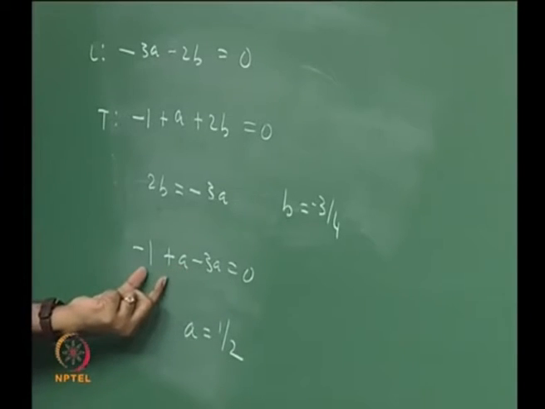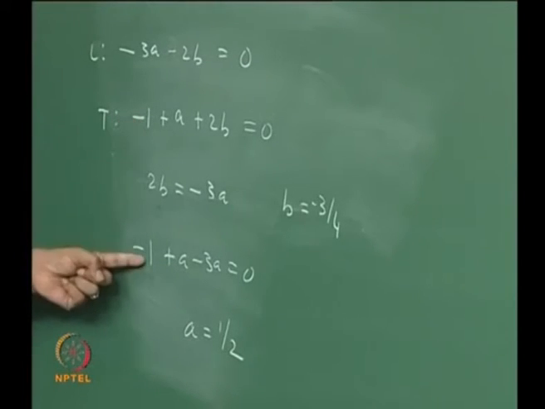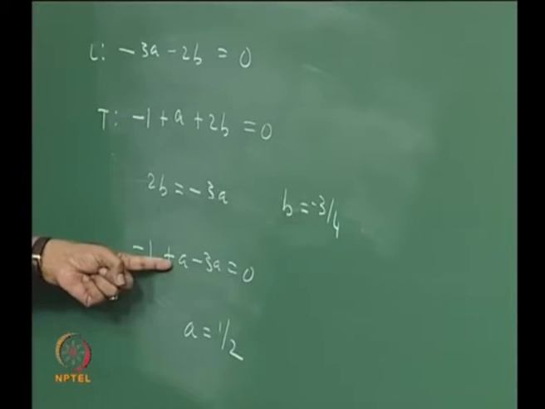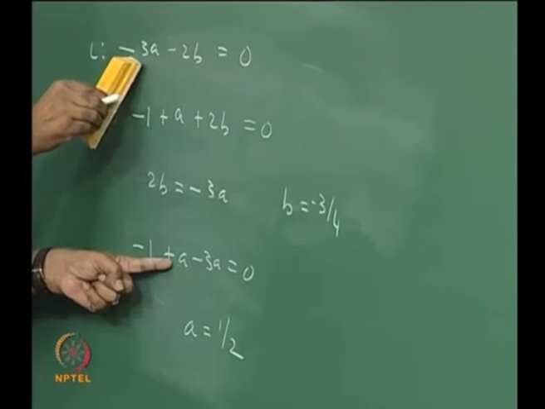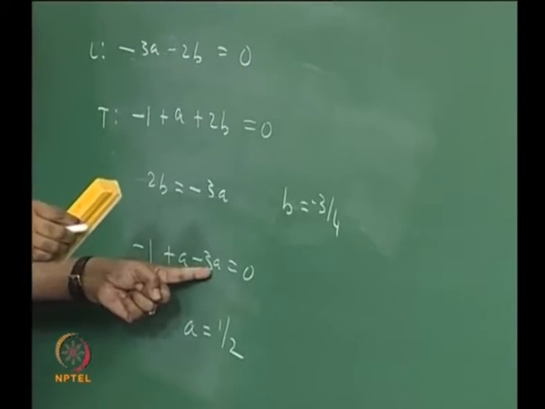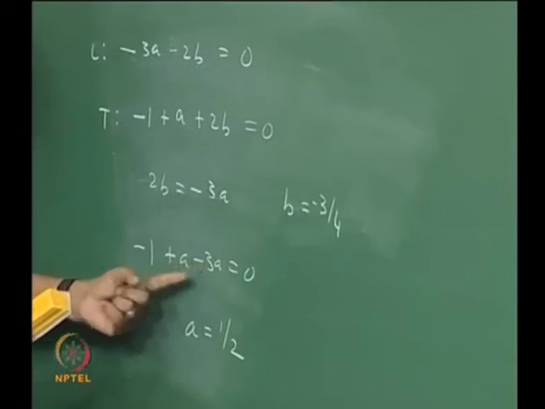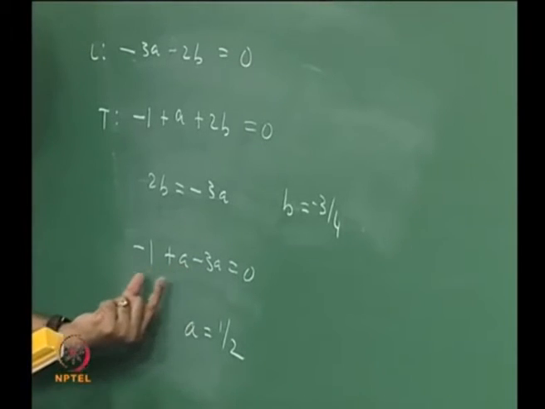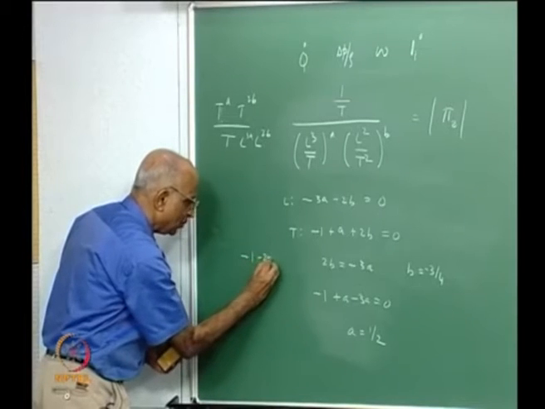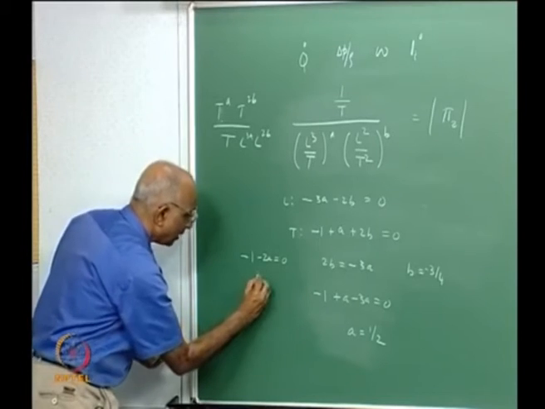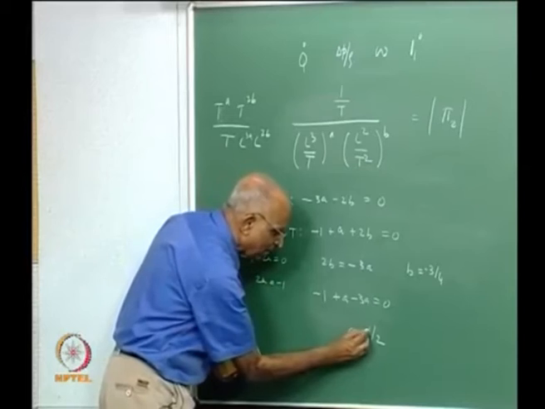Here I am getting minus 2a minus 1 is equal to 0, that means minus 1 minus 2a is equal to 0, or rather 2a is equal to minus 1, therefore a is equal to minus half.